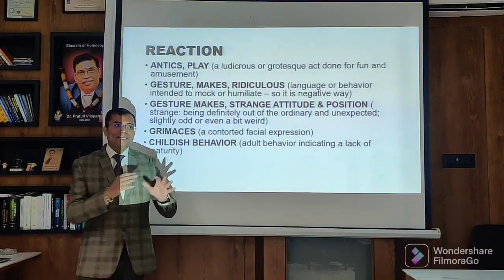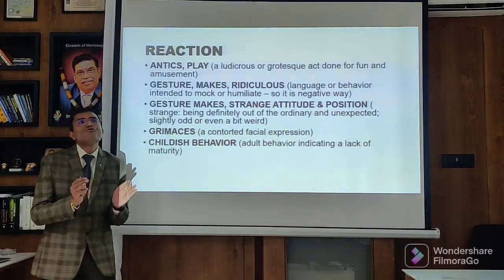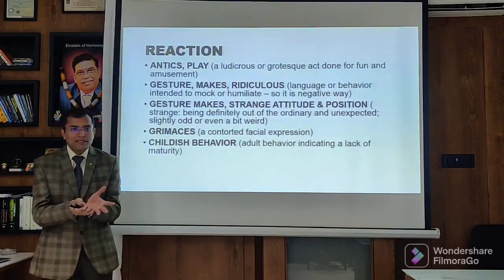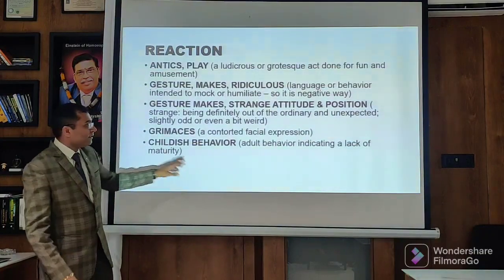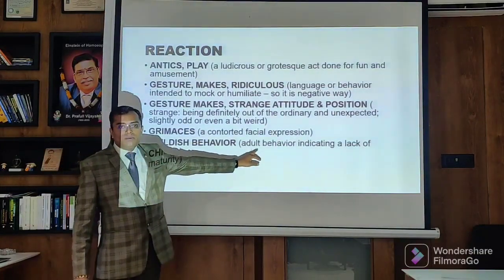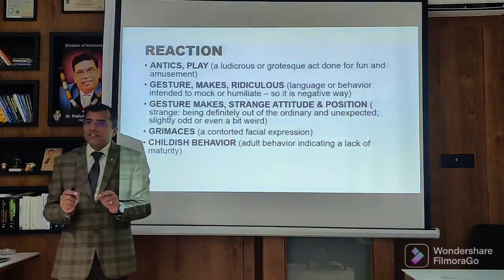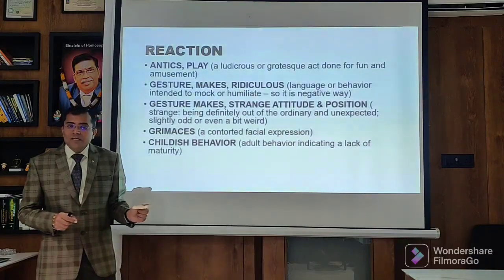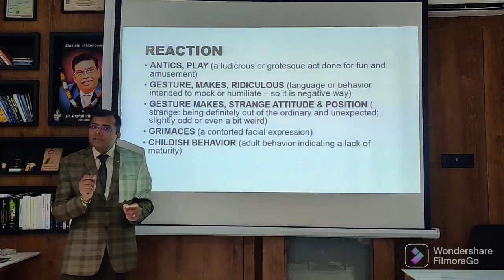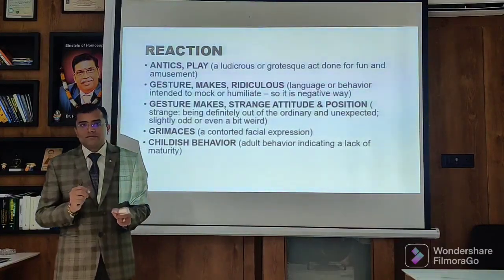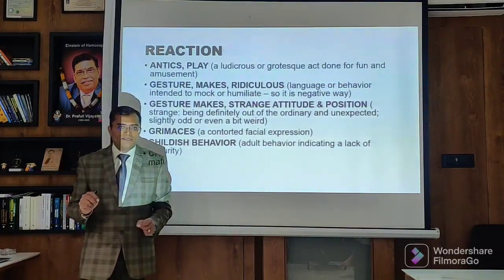So the man is behaving like a child. That was the childish behavior. What is that childish behavior? For the fun. But here the understanding is adult behavior. Where do you have to take the childish behavior? The adult behavior indicating a lack of maturity. So according to their age, the maturity has gone. And that is the childish behavior.